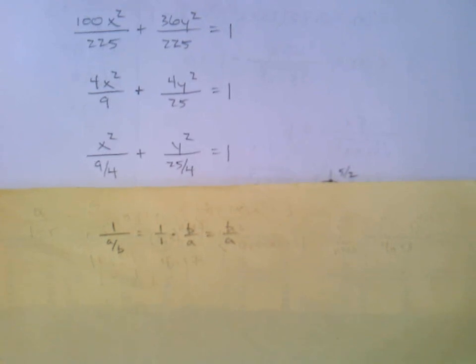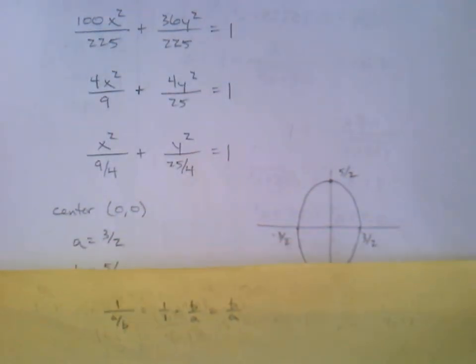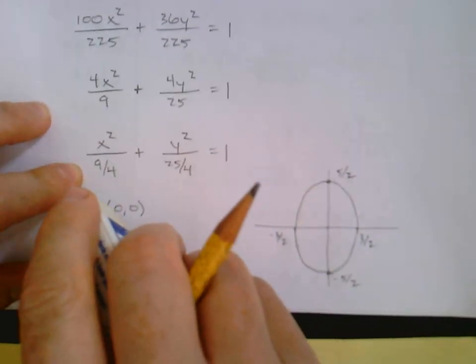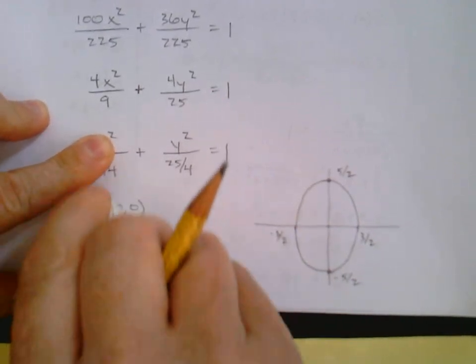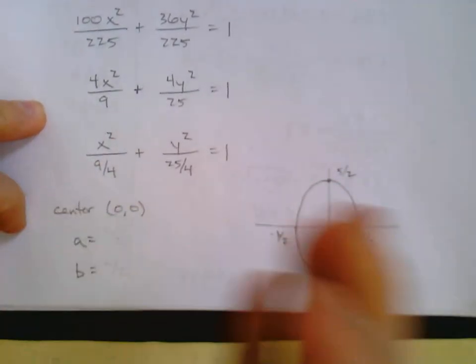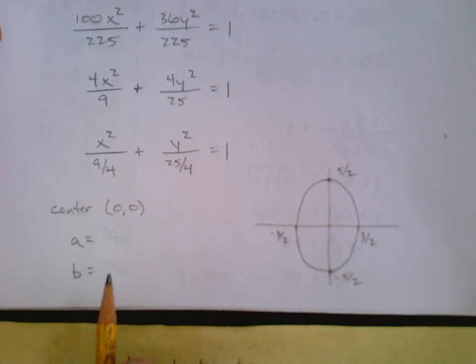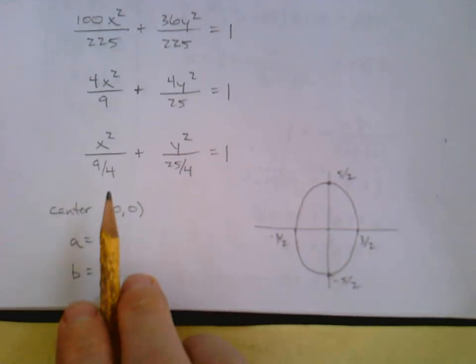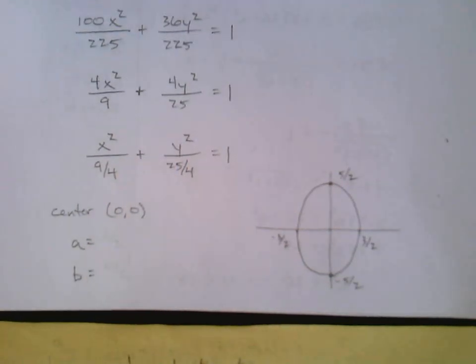We were asked to find the vertices, the foci, and the eccentricity. So let's do those one at a time. First, let's identify the center. Well, the center, and we could have probably identified this from the very beginning, is 0, 0.